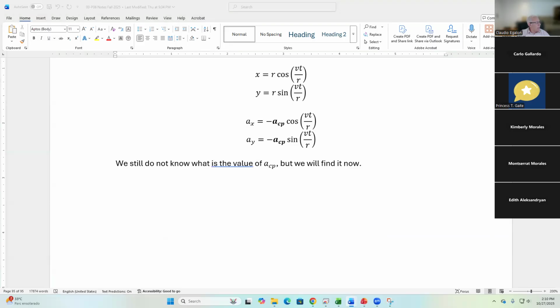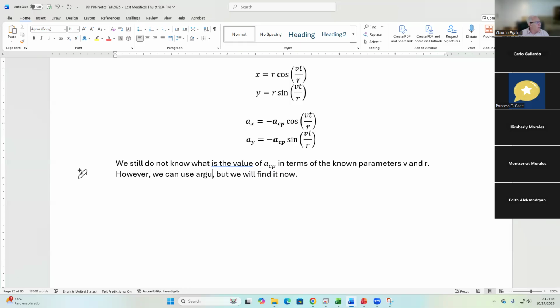Okay, so we're going to write it down. So, okay, our ACP in terms of the known parameters V and R. V and R. However, we can use arguments of geometry to find this relation, right?